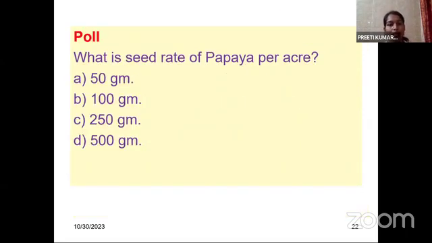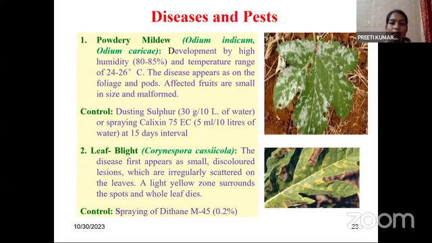And one more question is there, the seed rate, as we know, is 500 gram. Now the diseases. The main diseases of papaya include powdery mildew, which is caused by high humidity. To control it, dusting sulfur can be used.